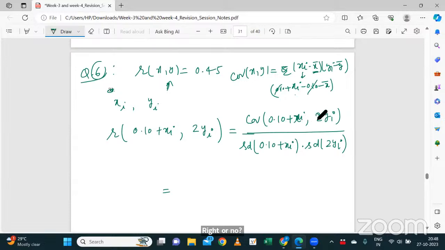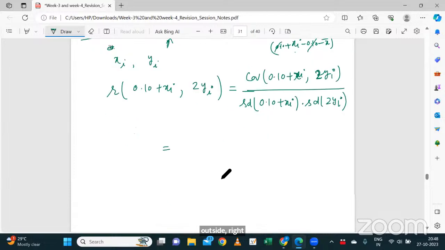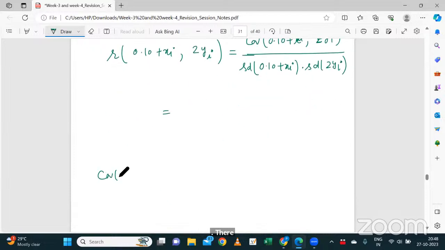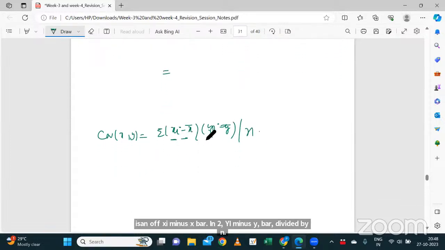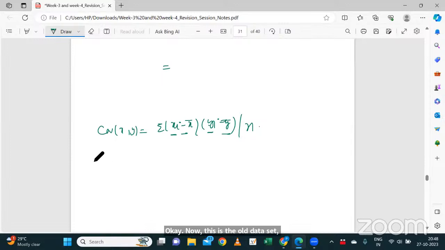So 2 will be outside, right? Let me do it. Suppose I define covariance as the summation of (xi minus x bar) into (yi minus y bar), divided by n. This is the old data set. What is the new data set?